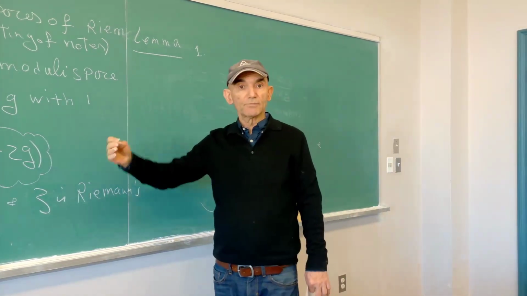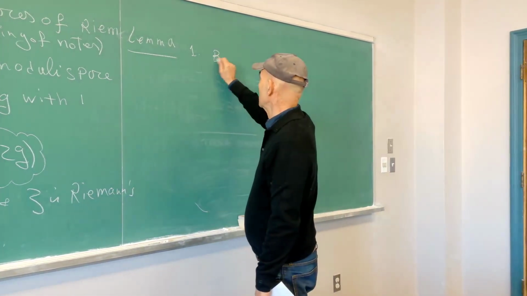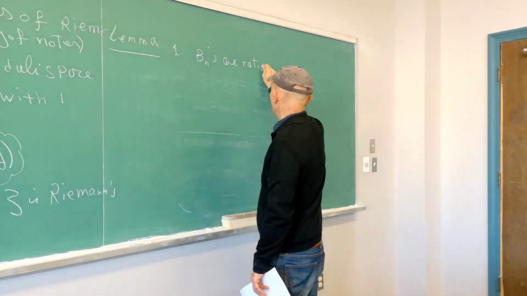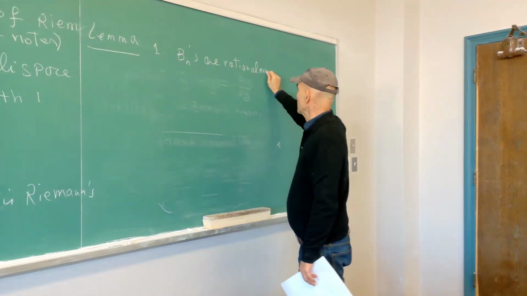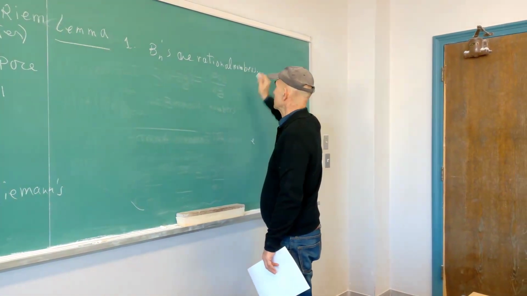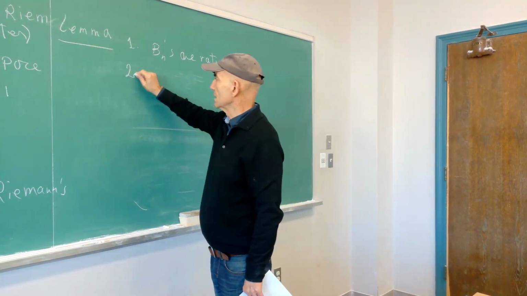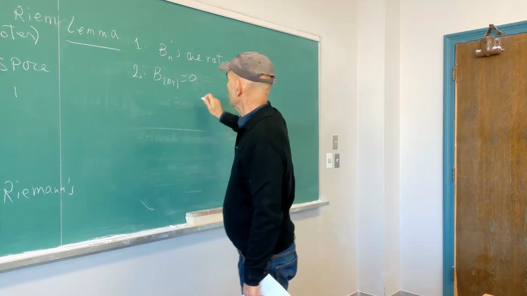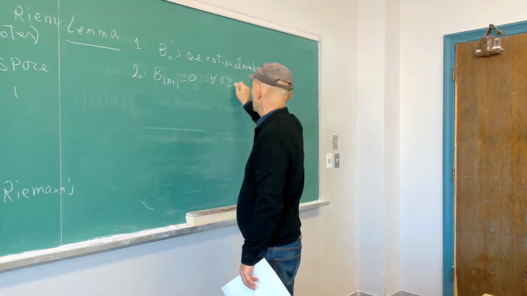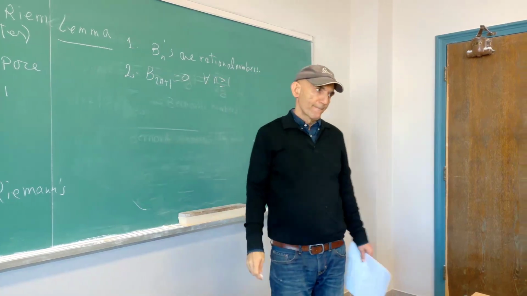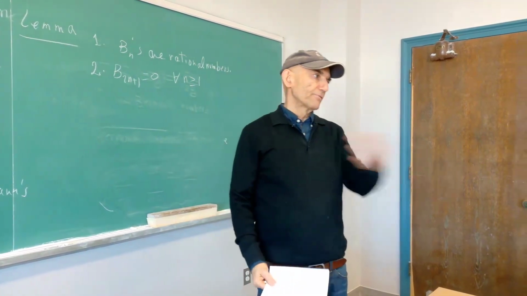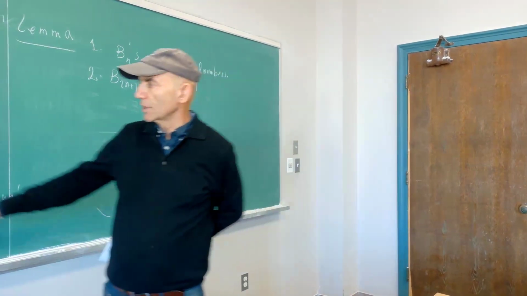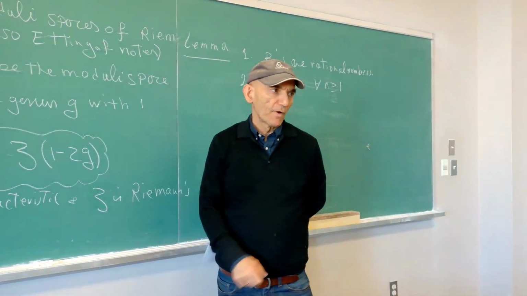This is kind of obvious from the definition. The second statement is that B2n plus 1 is equal to 0 for all n bigger than or equal to 1. So the odd Bernoulli numbers after the first one are all 0. Only the even ones remain, and they are related to the zeta values like that.